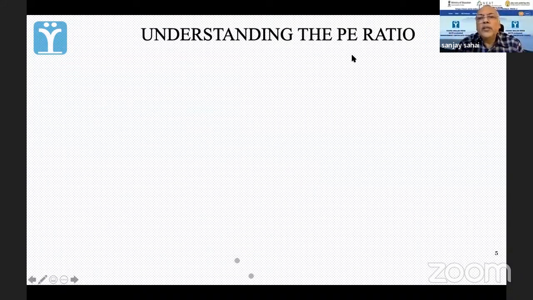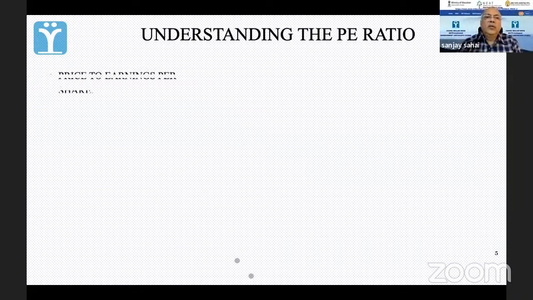Now, suppose we try to understand this whole concept, the price to earning ratio, PE ratio. If you actually begin to invest in the stock markets, you will keep coming across this word, PE ratio, price to earnings. Now here, price per share to earnings per share.